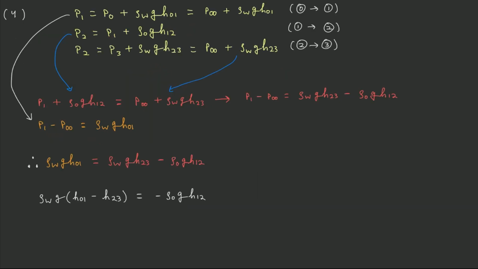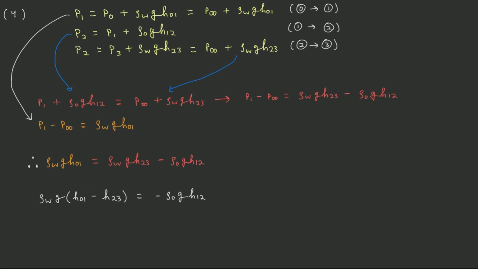So now that we've written the hydrostatic pressure equation between all of our key points, all that's left to do is combine those equations to determine how the heights between those key points are related to one another. However, the final result of combining all these equations is this result right here, which basically says that rho w times g times the quantity h01 minus h23 is equal to negative rho o times g times h12.